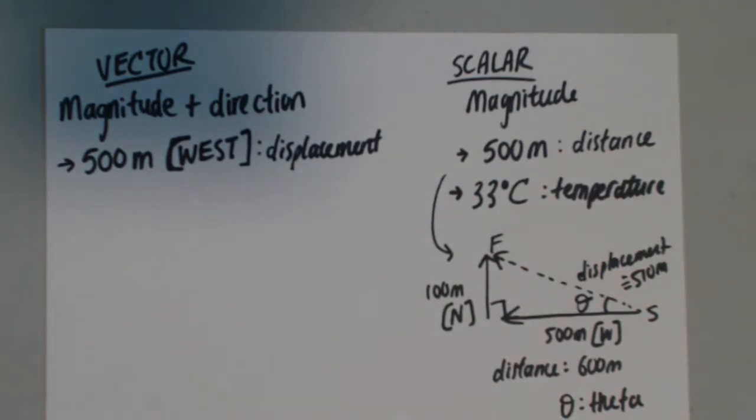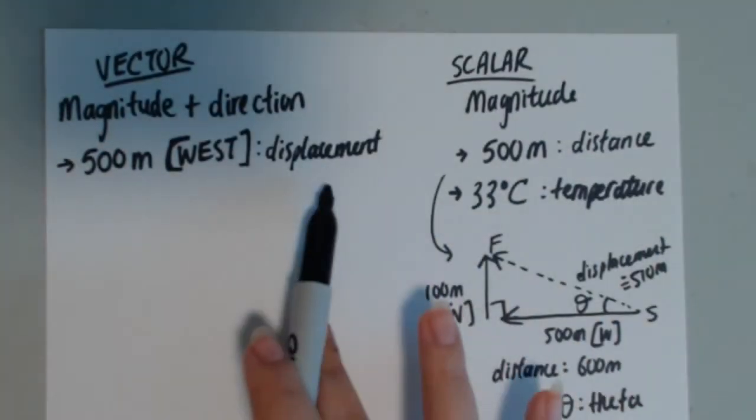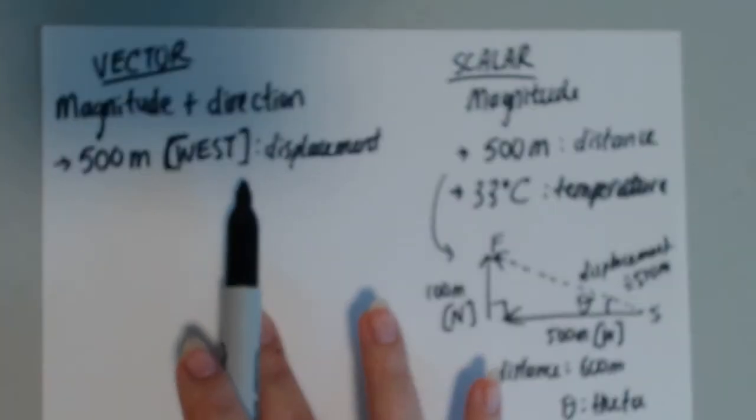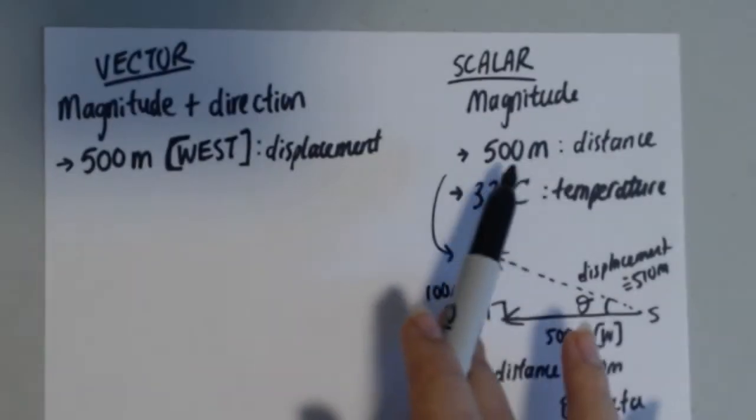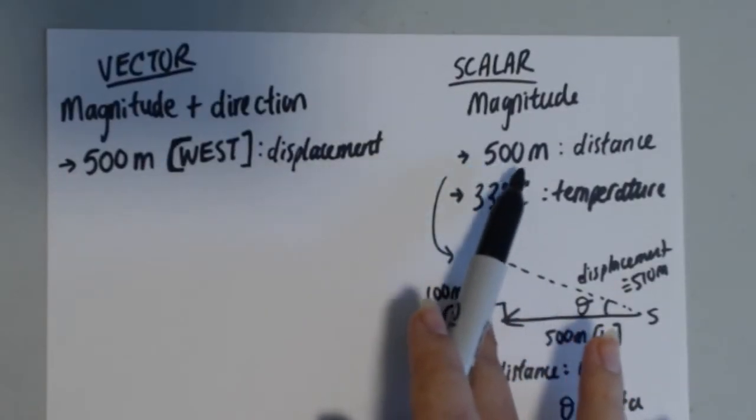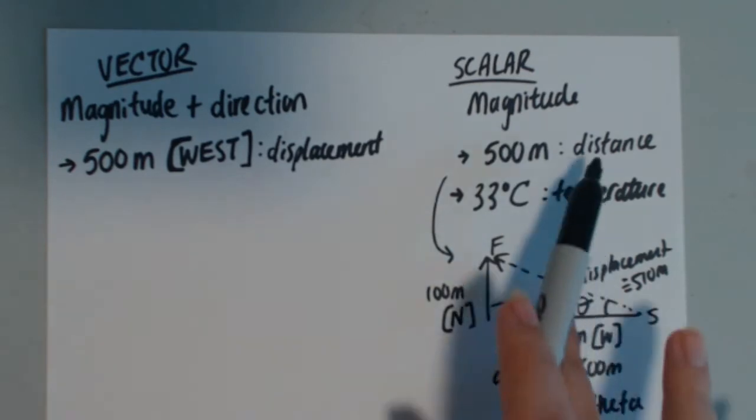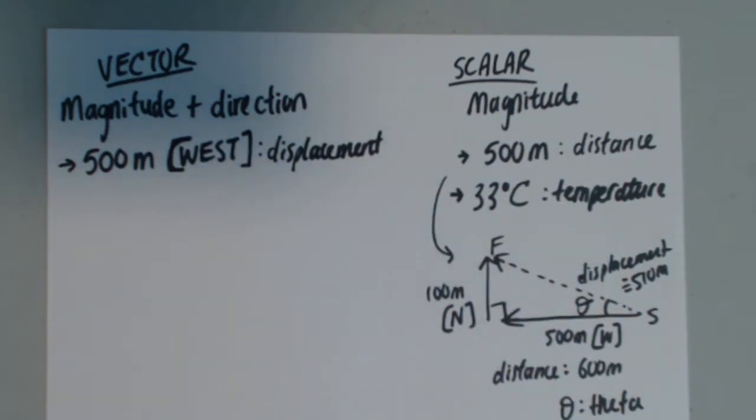I'm going to get way more into this towards the end of the lesson, but I just wanted to make sure you understood that there is a distinction there. Displacement is not necessarily just a distance with a direction tacked on the end. Although, if the person just travels 500 meters, like just this piece, then yes, in that case, the magnitudes are the same. Okay, let's go into some other examples of scalars versus vectors.